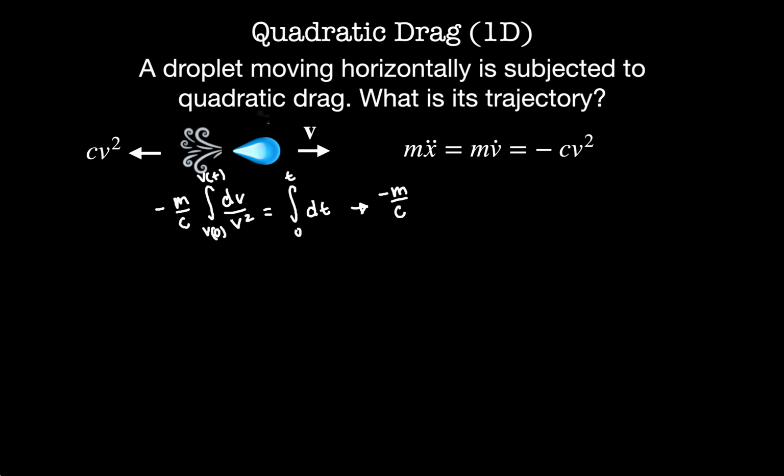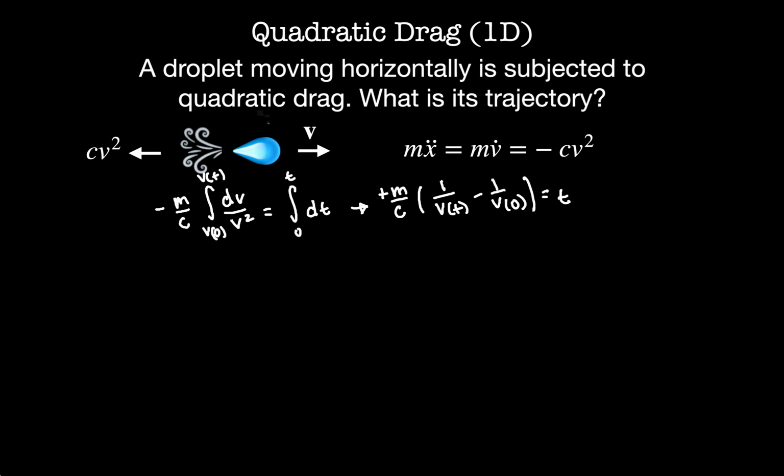So we have minus m over c. The minus sign is going to cancel with the integral of the 1 over v squared, so I'm going to change this to a plus sign, and the integral of 1 over v squared is minus 1 over v. So I end up with 1 over v of t minus 1 over v naught is equal to time.